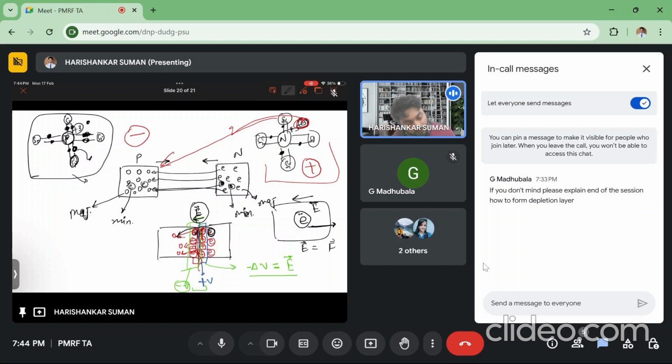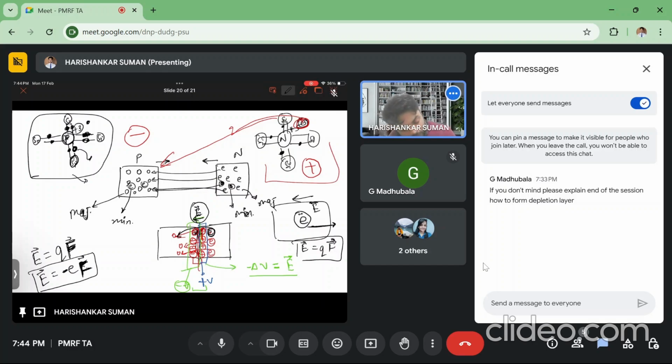This is the force on the charge carrier. You know the formula, force equals Q into E, but electron has negative charge, so the direction of the force for an electron is opposite to the electric field.